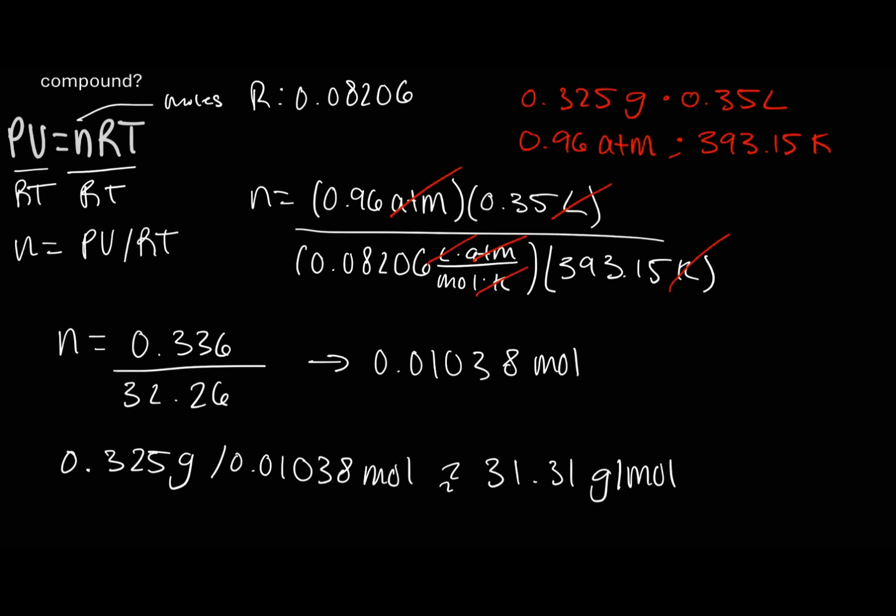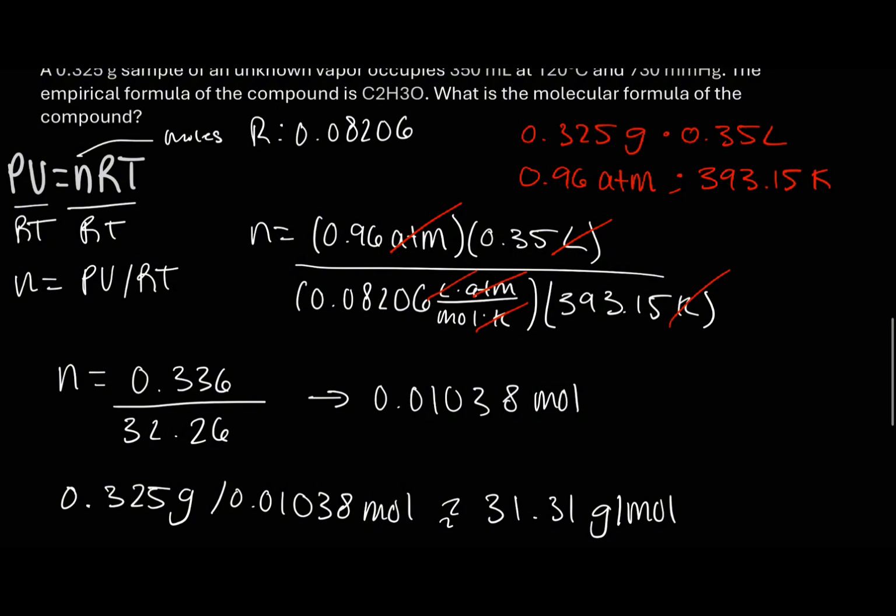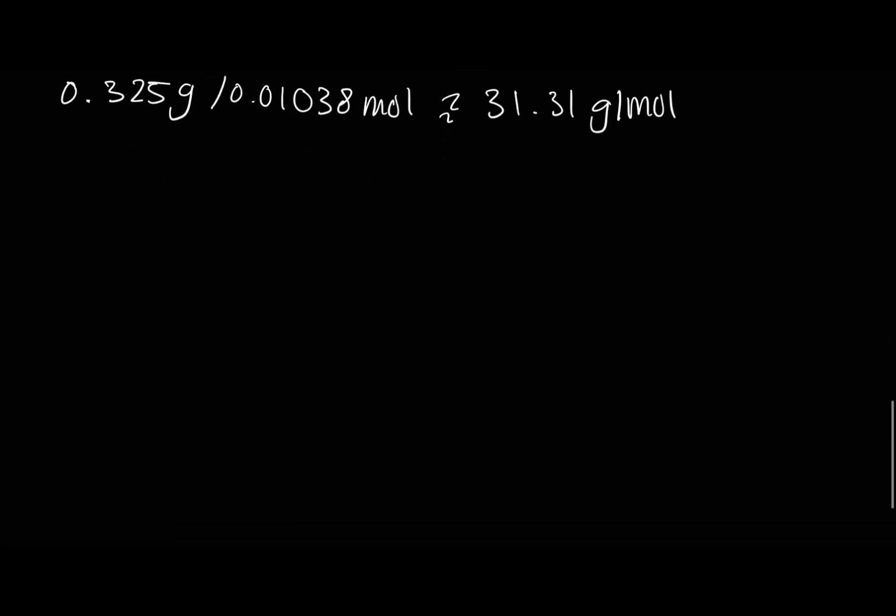And we want to know the molecular formula of it, but we have the molar mass of it, and we know we have C2H3O. So from that, you can either just look up the molar mass of C2H3O, or you can calculate it by adding 2 carbons, 3 hydrogens, and 1 oxygen.